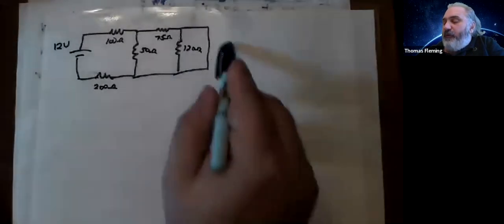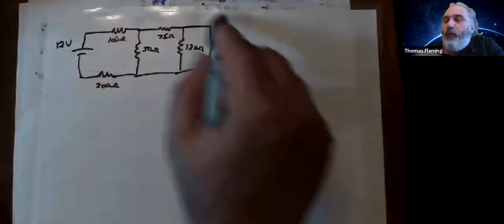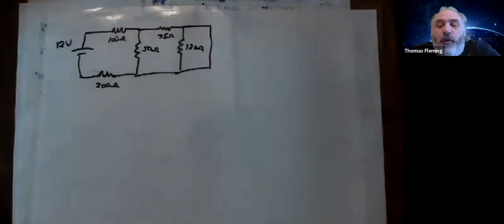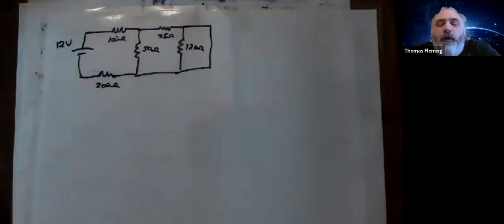So in order for me to simplify this circuit down, what I would have to do is to use the rules for series and parallel and determine what the equivalent resistances would be. Does that make sense? Yes. And I'd be looking for things that are in series or in parallel with each other.